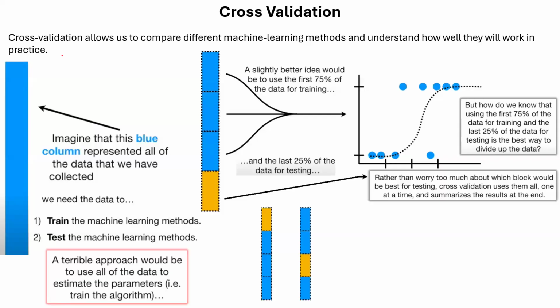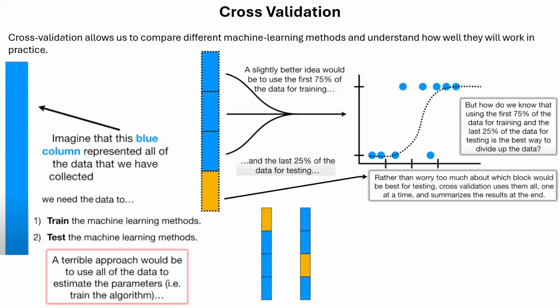Then I will choose a different k value and calculate the accuracy, choose another k value, calculate the accuracy. And then you have to come up with the best k value where the accuracy is high. That is how you tune the value of k. That process is basically cross validation.